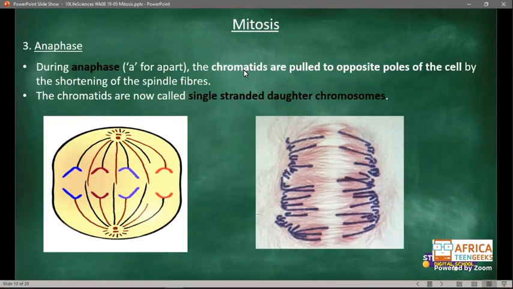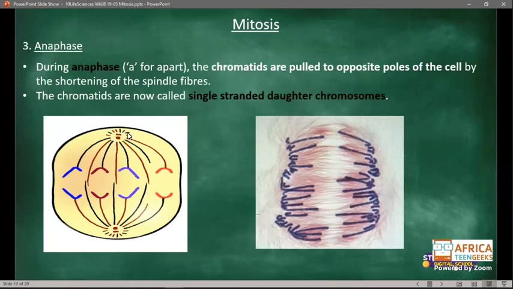So during anaphase, chromatids are pulled apart. Remember A in anaphase for apart. Remember, a chromosome is made up of two chromatids. So the chromatids are pulled apart towards opposite poles of the cell by shortening the spindle fibers.